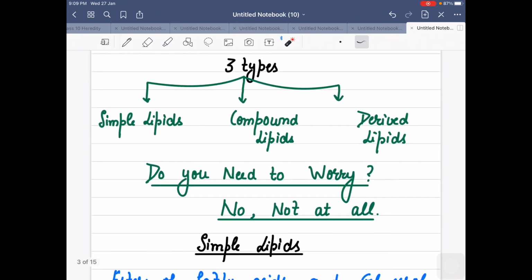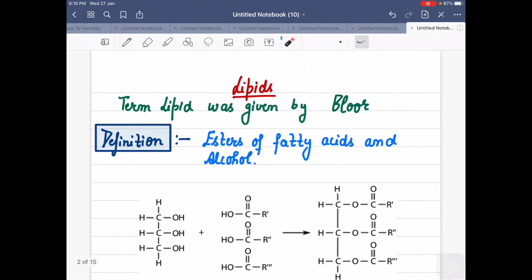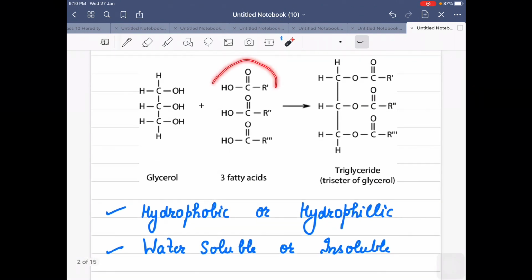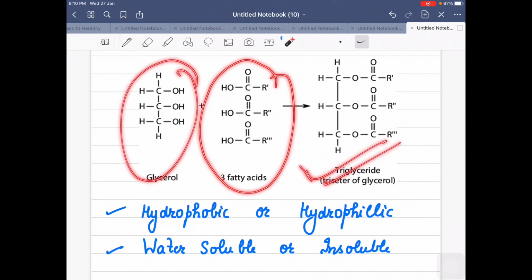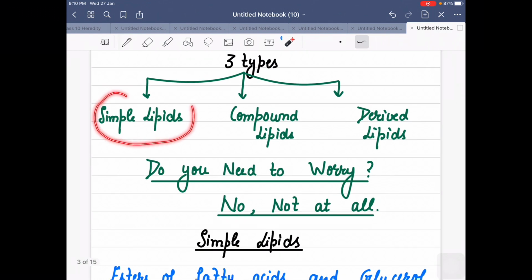So now we are going a little deeper into lipids. We are clear with the definition of lipids? They are formed by two things: fatty acids joined with alcohol, you will get your lipids. One type is the very simple lipids, fatty acid with alcohol.